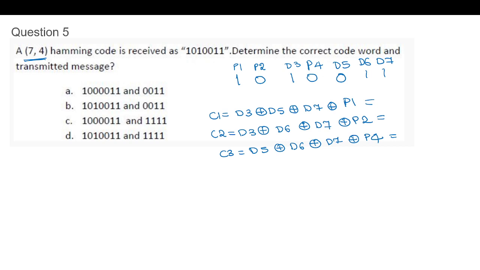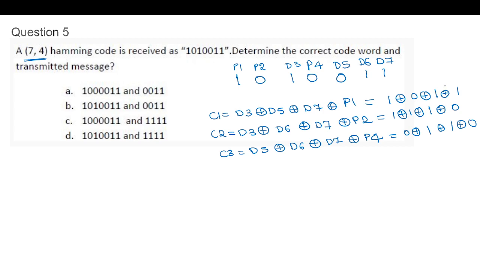What is D3 here? D5, D7 and the parity P1, and D3, D6, D7 and the parity P2, D5, D6 and D7 and parity P4.